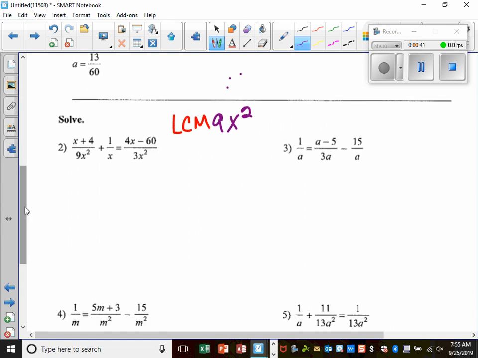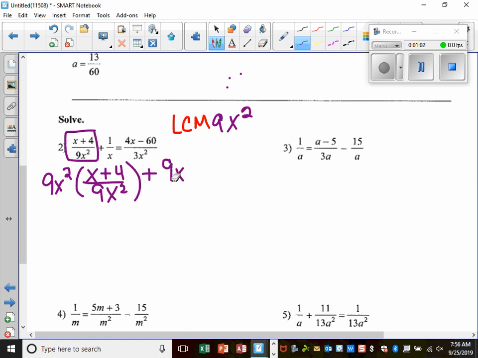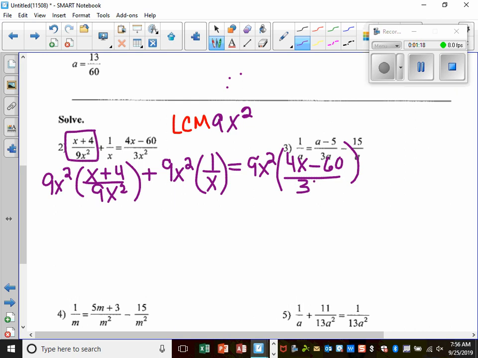So now this is what I'm going to do. I'm going to put 9x squared times, and I'm just going to write this whole term all over again, (x plus 4) over 9x squared, plus, again, multiply by your LCM, 9x squared times 1 over x, equals 9x squared times (4x minus 60) over 3x squared.